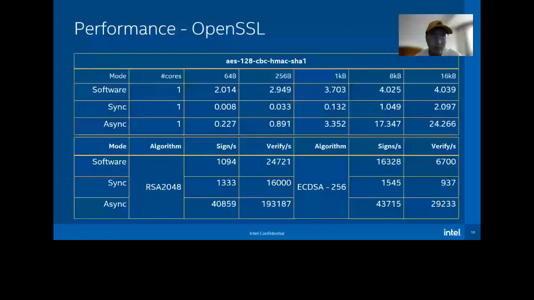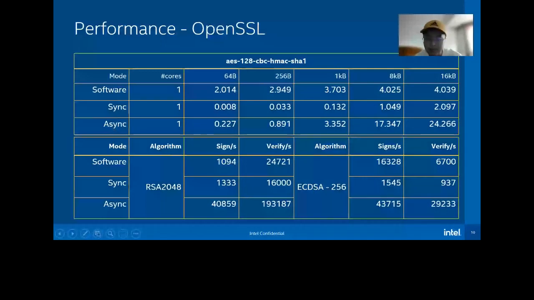So we launched a KubeVirt VM to do some testing. First, for OpenSSL, we can see the algorithms are RSA, ECDSA, and AES. The software mode runs only on the CPU, and the async mode uses the QAT device.